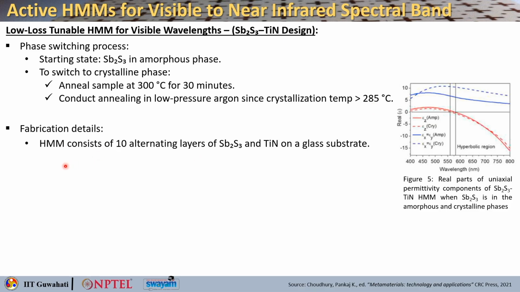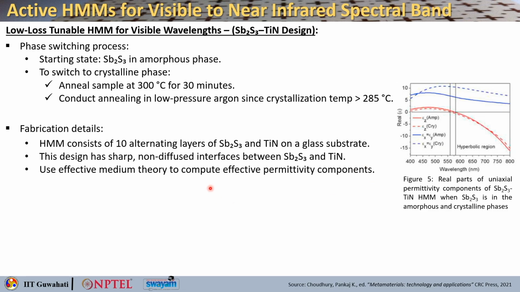So, how do you make this HMM, hyperbolic metamaterial? It will consist of 10 alternating layers of antimony trisulfide and titanium nitride on a glass substrate.